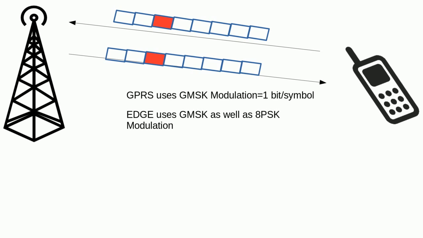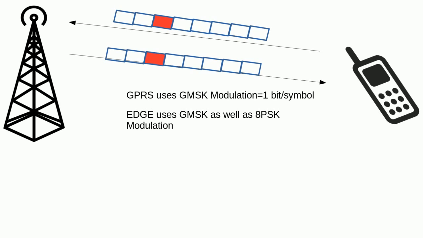But on the contrary, in the case of Edge, Edge can not only use GMSK, but it can also use 8 PSK modulation. In 8 PSK modulation, we can send 3 bits per sample. This means that the data rate is straight away multiplied by 3 times when we use 8 PSK.